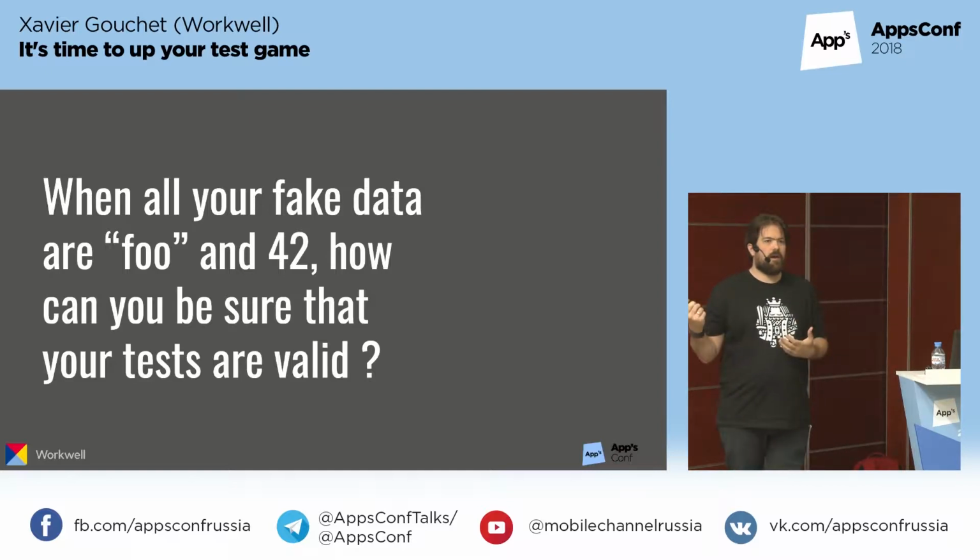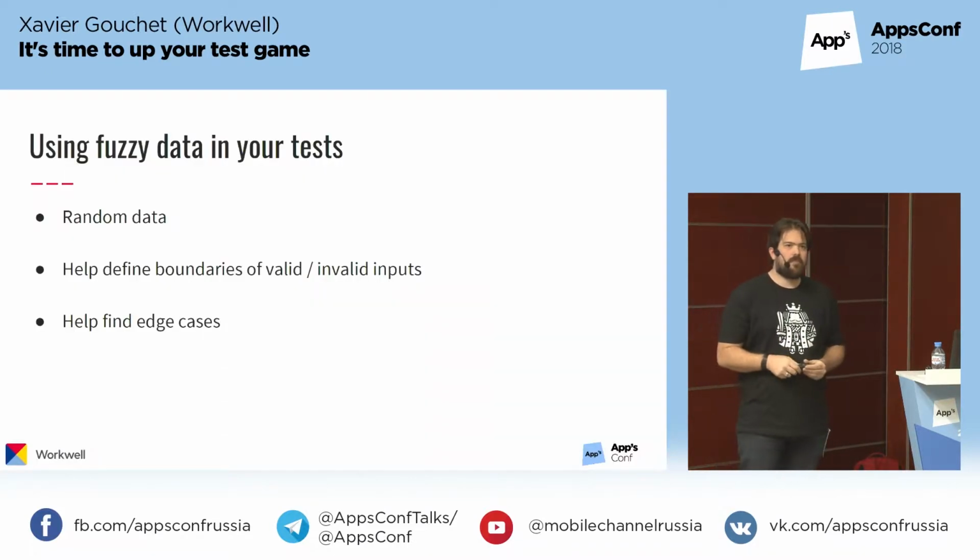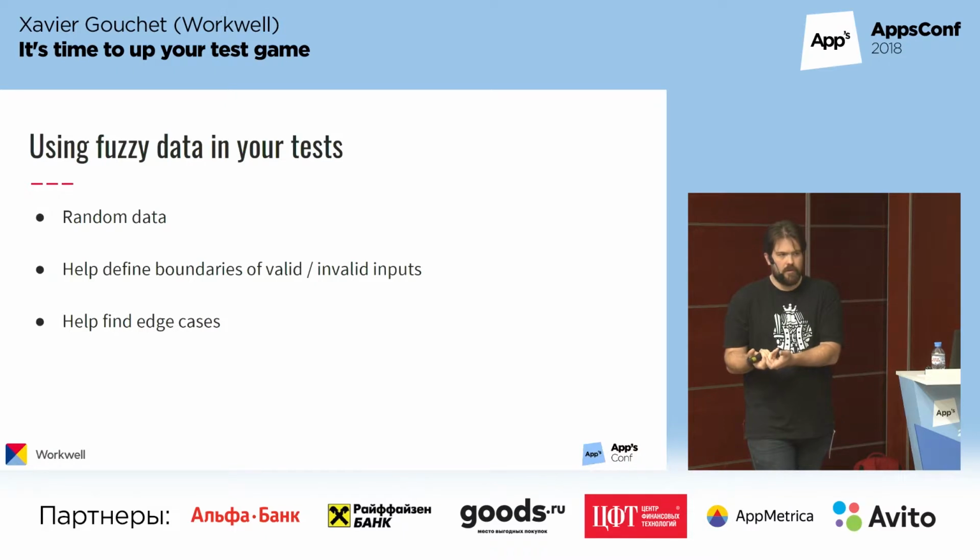So how can we mitigate this? Well, you can use fuzzy data in your tests. Basically, you generate random data that's going to be included in your test. And that way you can first define the boundaries of what's valid and invalid input, because you have to think of, okay, how do I generate random data that looks real and that's valid?